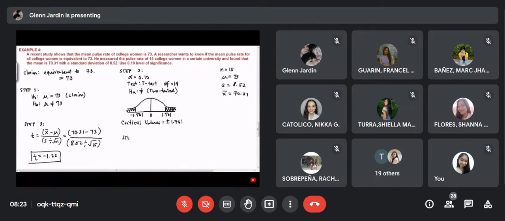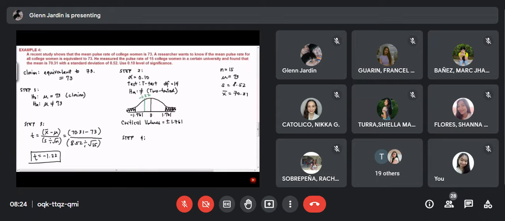Okay, and then we will have step 4. Sa step 4, balikan ulit natin. So, 1.22, hanapin natin siya dito. Mapupunta siya, guys, dito lang. Andyan lang si negative 1.22. Kasi 1.22 muna bago 1.7. Siyempre, mas malaki si negative.